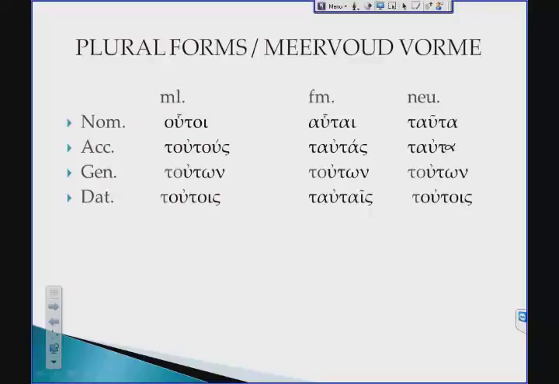Good. Any questions so far? I did not deal with the far demonstrative. Ekeinos also. Ekeinos, meaning that. Ekeinos. In the plural, also feminine, and then the neuter, both singular and plural forms. But I think ekeinos is very, very straightforward.